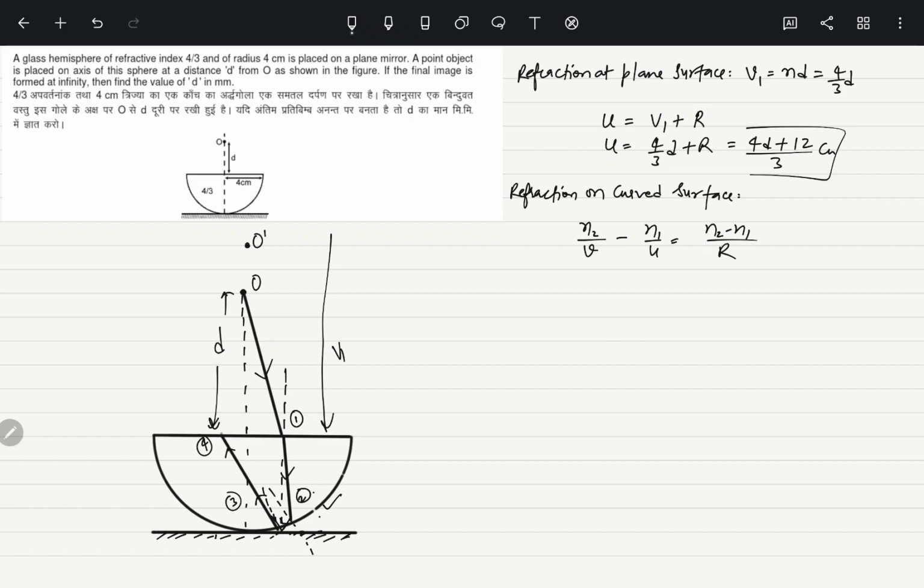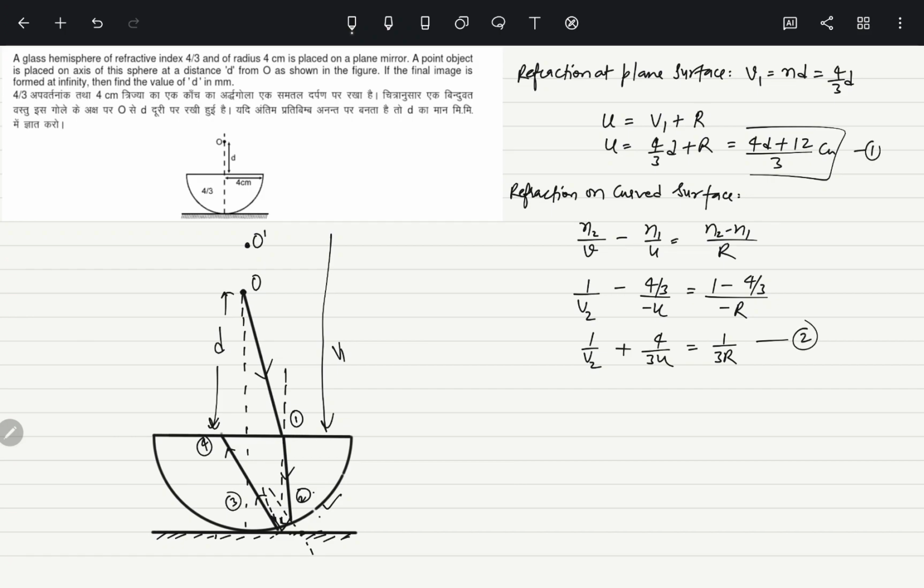So n2 will be the rarer medium, so 1/v2, the image position which I need to calculate, minus n1 which is 4/3. u I'll take as minus u, because the object is opposite to the incident light, equals n2 minus n1, so 1 minus 4/3, divided by R, which is also negative, again the center is opposite to incident light, so minus R. Let's simplify it. So 1/v2 plus 4/(3u) is equal to 1/(3R).